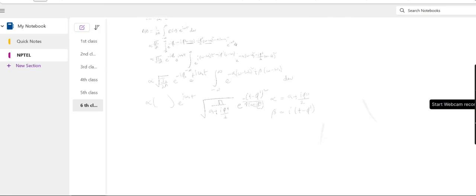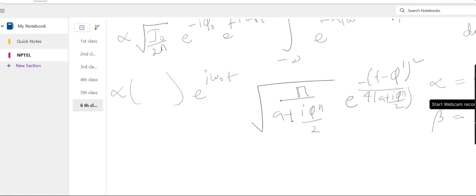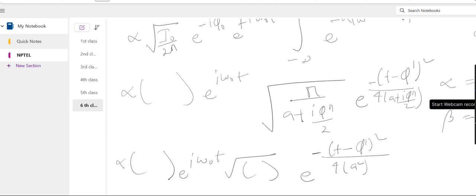So now we'll do the calculation here. So this thing is this, e to the power i omega naught t, okay, this phi dash remains the same, e to the power minus t, we will try to do this thing, phi dash dash by 2 whole square into a minus i phi dash dash by 2.